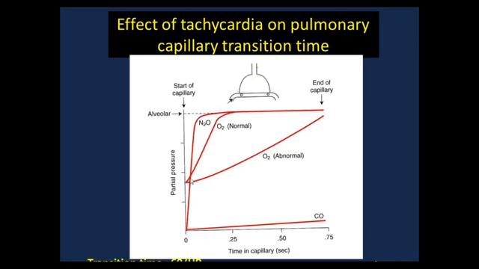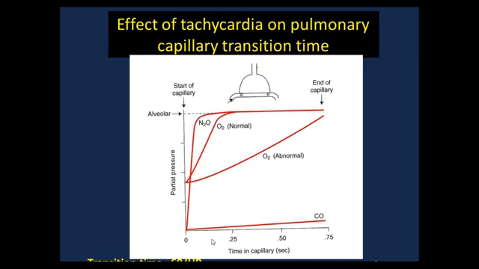In a normal subject, for the capillaries to become fully saturated with oxygen through the alveoli, it needs a short time, about 0.25 of a second. So we have 0.25, 0.5 and 0.75 of a second.